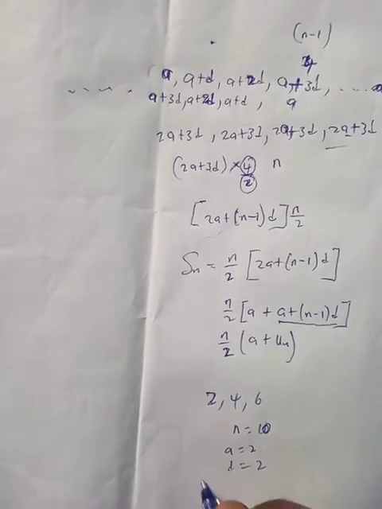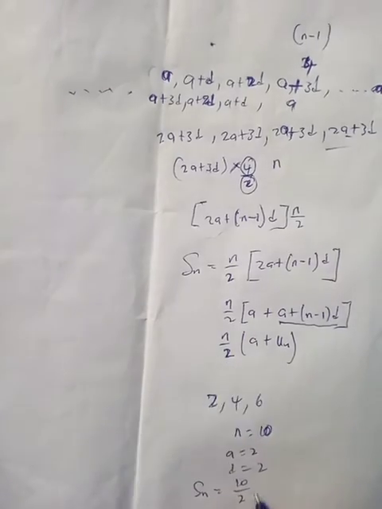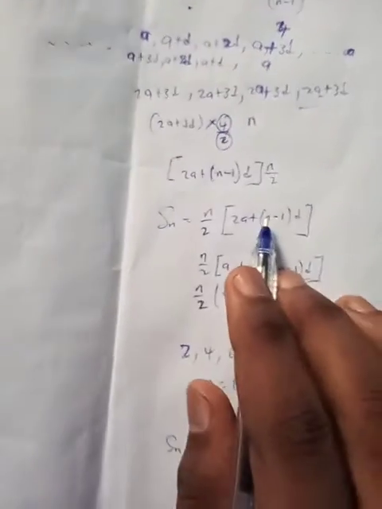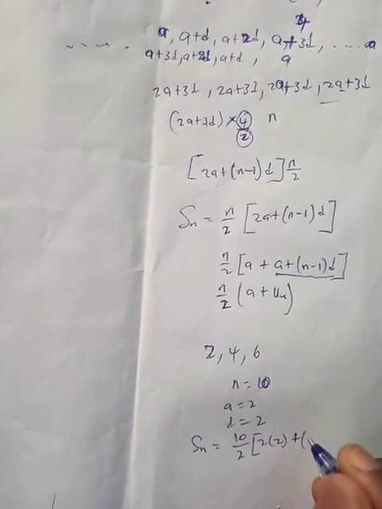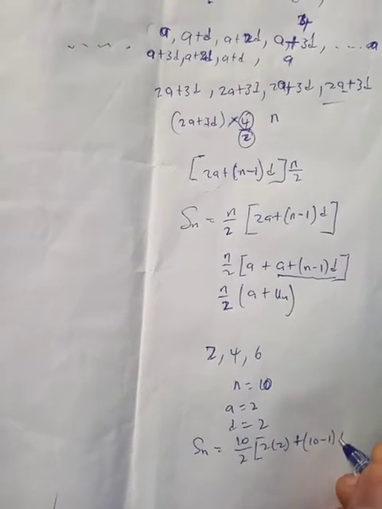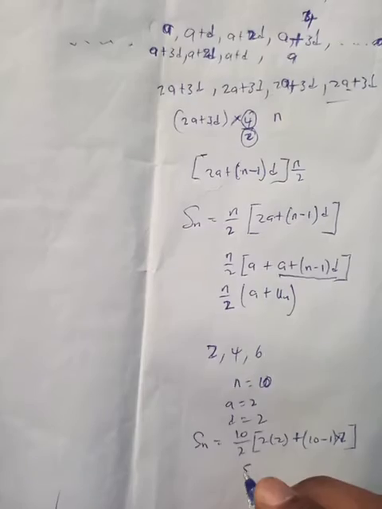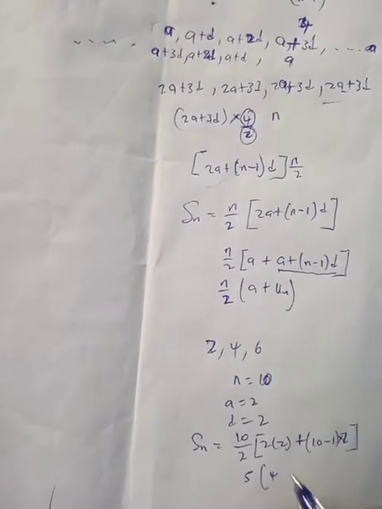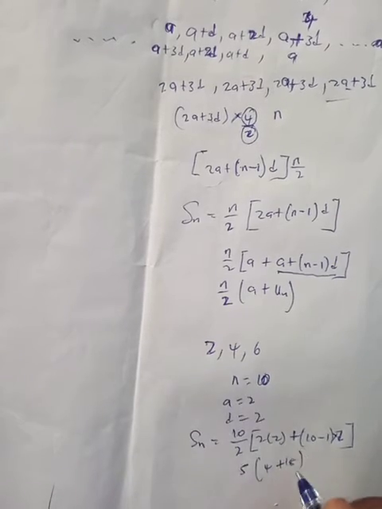And of course, when you put everything there, 10 over 2 multiplying by 2 times 2, that is this one, 2 times 2, then plus bracket 10 minus 1 multiplying by d, which is 2, bracket close. You actually get 5 multiplying by bracket 4 plus 18.